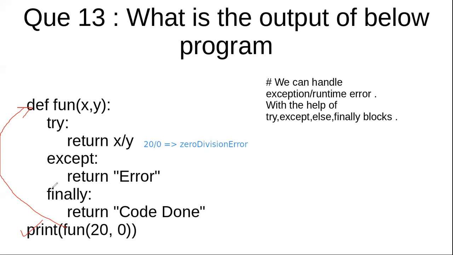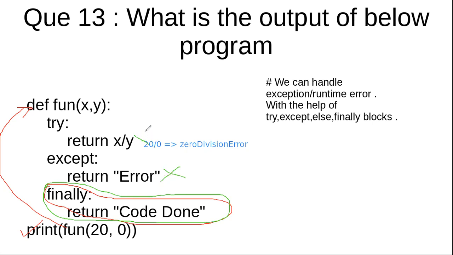We have the return statement in the finally block, so the others will not work. Because of that, our output will be the return value: code done only.